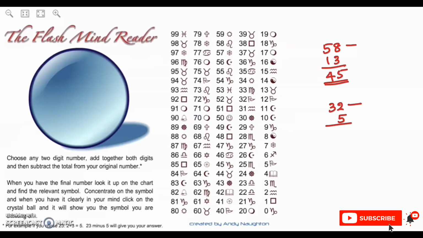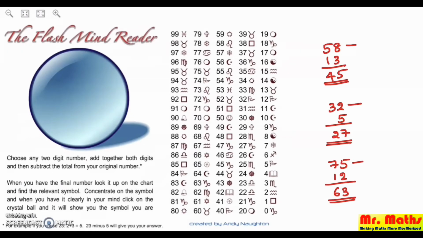So 32 minus 5 is 27. It is a multiple of 9. Take another number, 75. 7 plus 5 is 12. The answer is 63. 63 is a multiple of 9. Like this, if you take any two digit number and do all these calculations, the final answer will always be a multiple of 9.